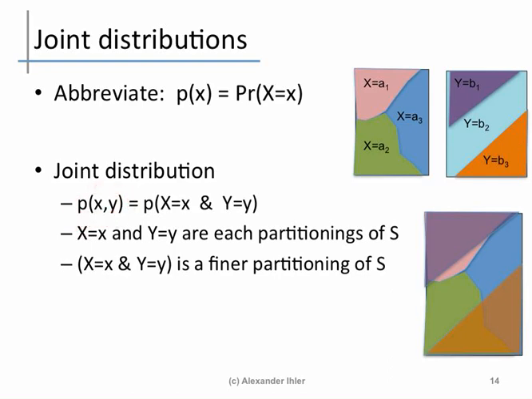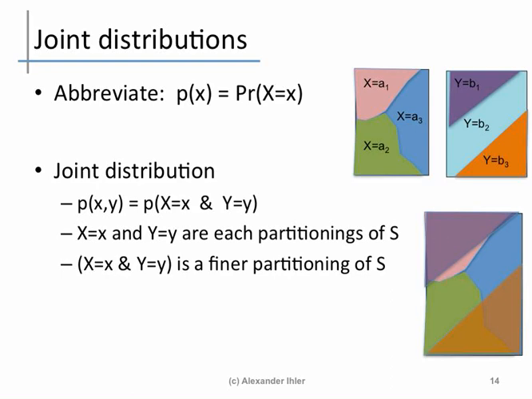and by p of x, y we mean the probability that random variable x takes on value little x and random variable y takes on value little y. And since each of these is a partitioning of the space S, x equals x and y equals y together is some finer partitioning of S, in which some region of the graph has x equal to a1 and y equal to b1.